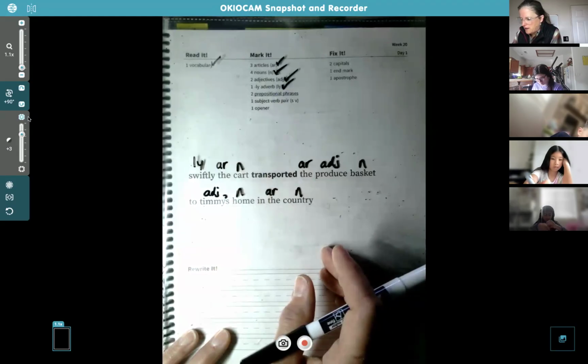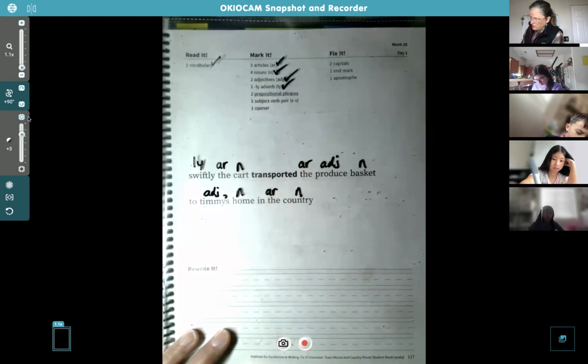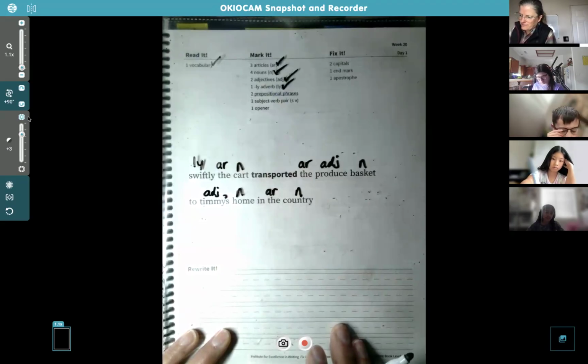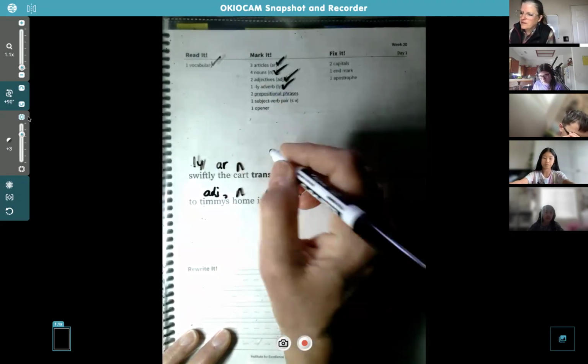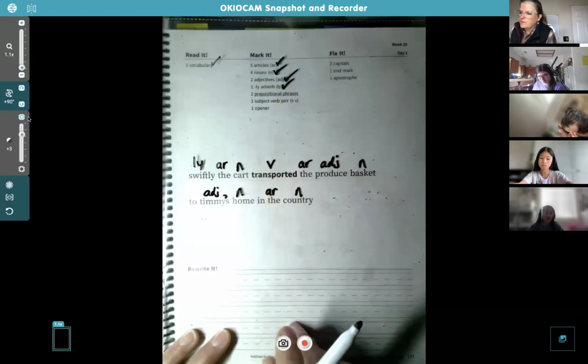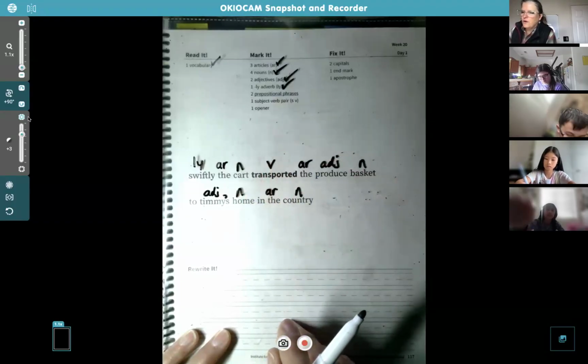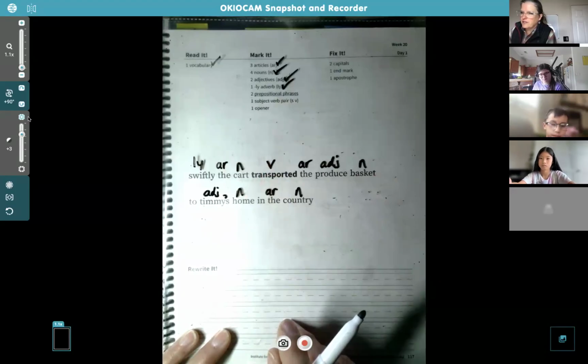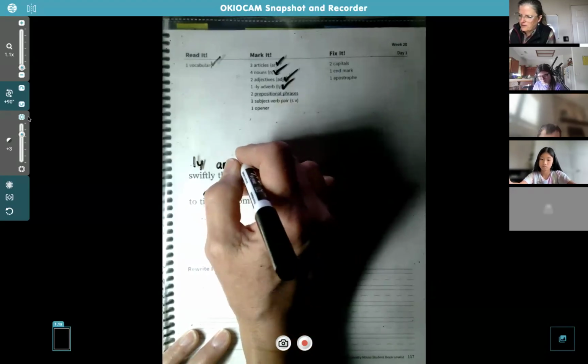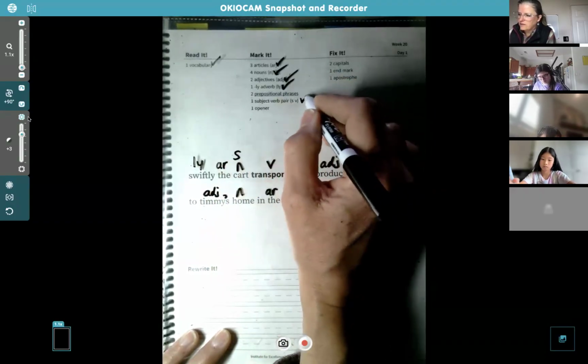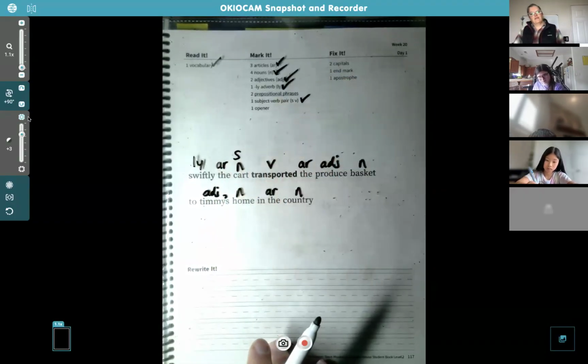Where are the verbs at? There's just one verb in here. It's an easy one. Transported. Good. Transported is a verb, and then who or what is the subject there, Christopher? Cart. Good. Cart is the subject. Nice.